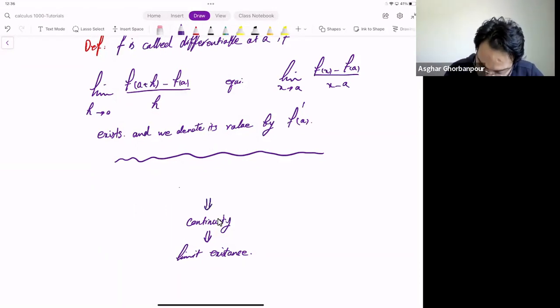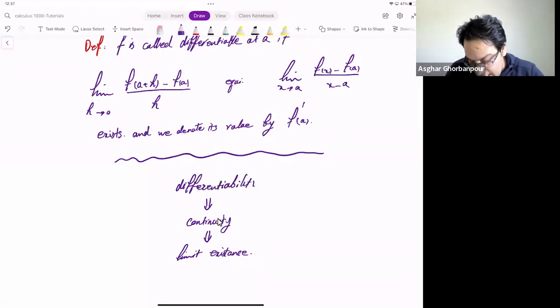Differentiability is stronger than continuity. This is a mathematical fact. It means that if a function is differentiable at a point, it will be continuous at that point. Obviously, at that point, it will have this limit.